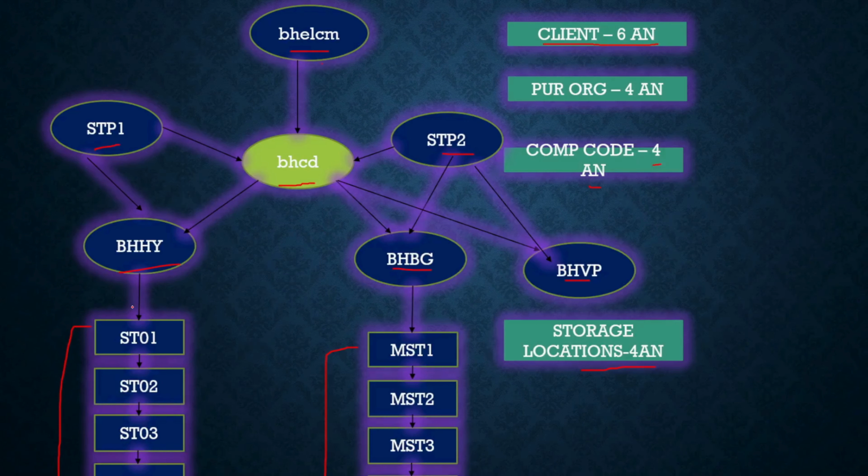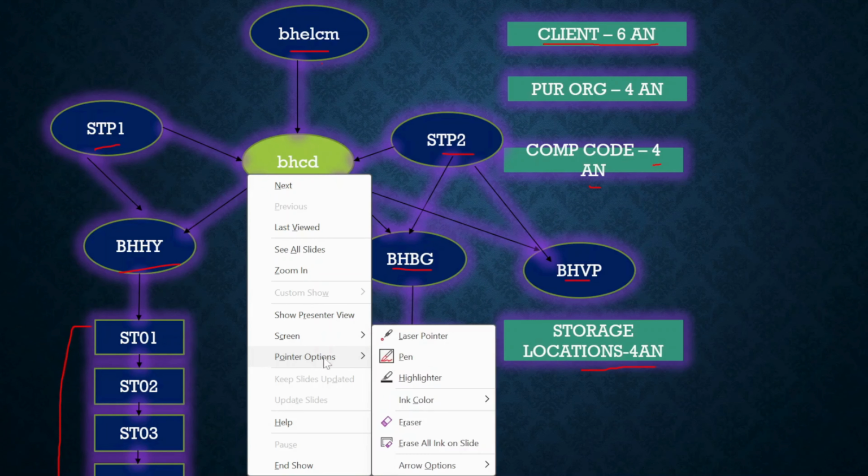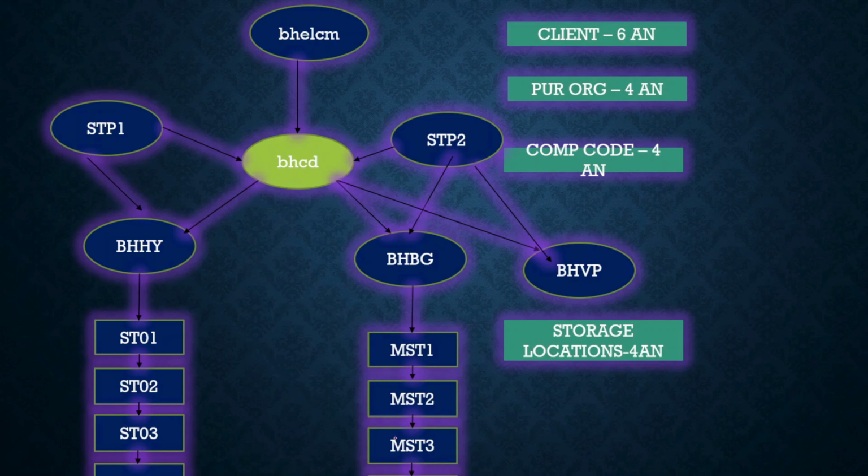So that simply means the procurement team, that's also a purchase organization, is only responsible for all the procurement activities for only one plant. That's a plant specific purchase organization.